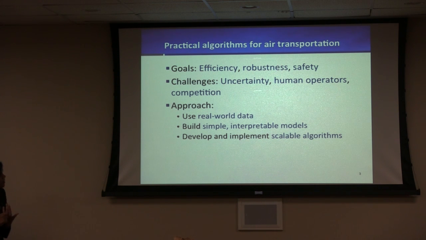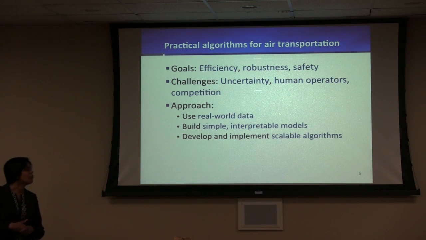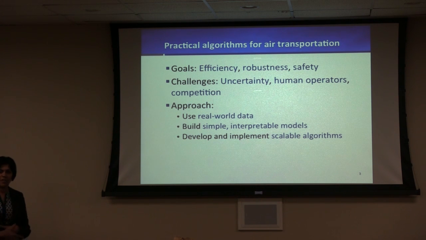Now, the thing about these models is, we do want these models to be simple and interpretable, because we're going to have to go to the human stakeholders, the human decision makers, and explain to them what the models are doing. So they can be complicated under the hood, but at a high level, we need sanity checks, and we need to have the ability to convince people that these are the right models to have, and the right objectives to have.